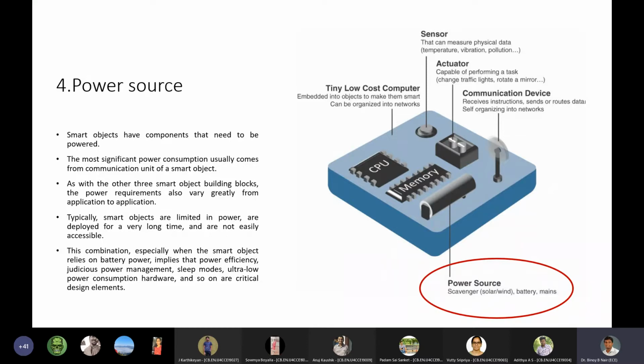Battery is typically used when there is no mains supply, and in addition to that, you will usually also be adding solar or wind or something like that to compensate for the depletion of charges over a period of time, right? So that's what happens. So that is the major idea or the major parts of your thing in the Internet of Things system.